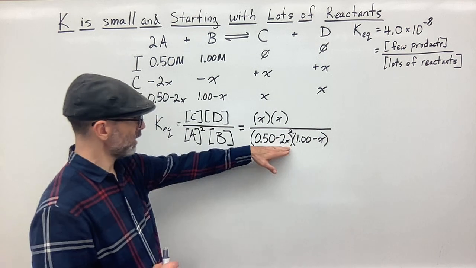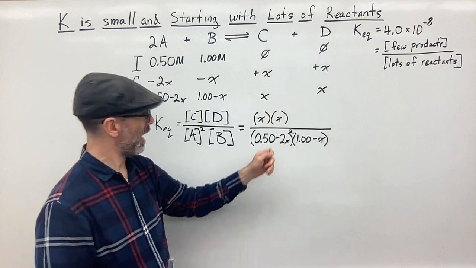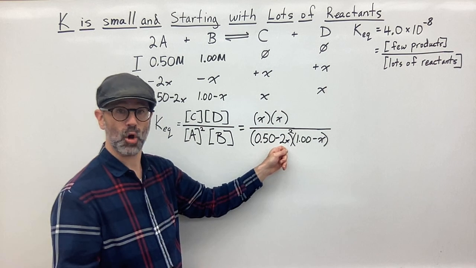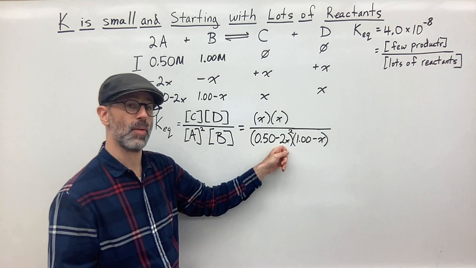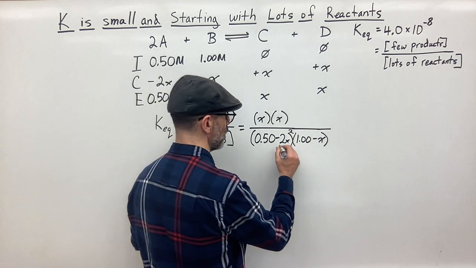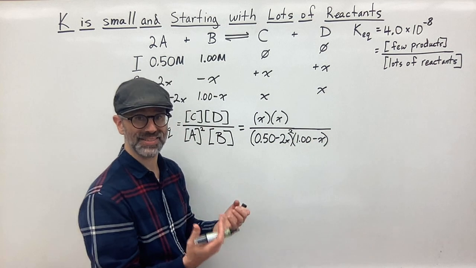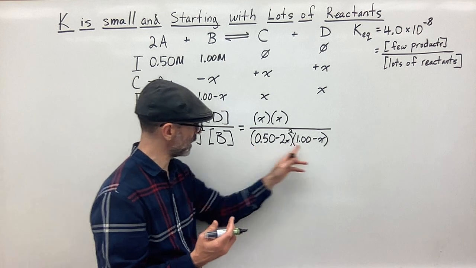So given that I know it's shifting towards the side that is not favored, I can assume for the moment that x is going to be so small that I can ignore it. So I can eliminate x here because subtracting x or maybe even adding x is not going to affect the amounts here and here.